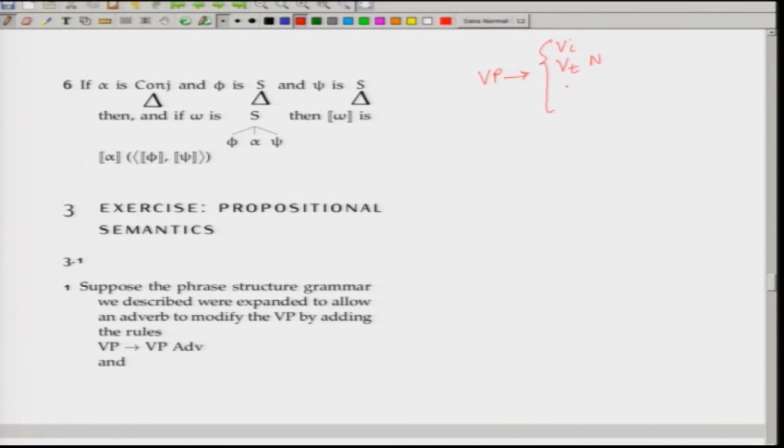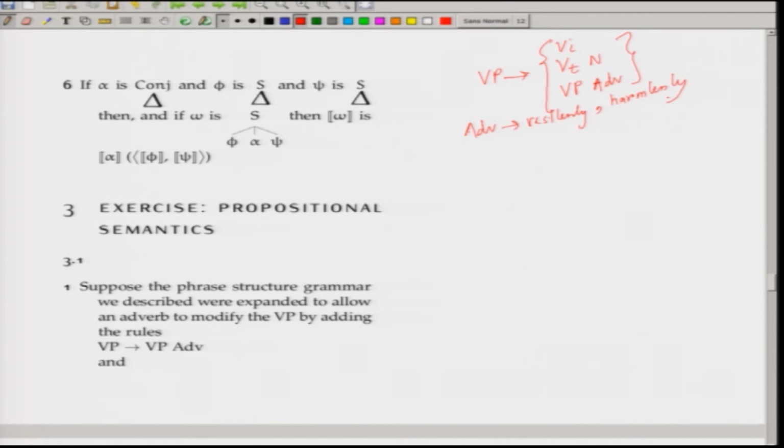Now there is another one, VP goes to VP ADV, and then they are saying that ADV either is restlessly or harmlessly.